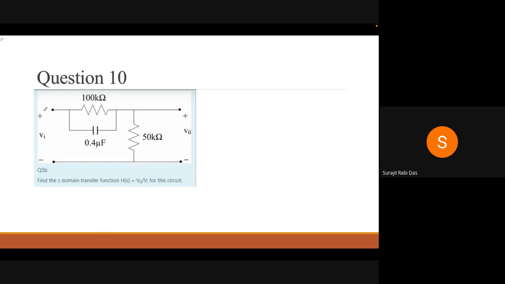It is coming 1 plus sC by 3 plus sC, where C is that capacitor, 0.4 microfarad.